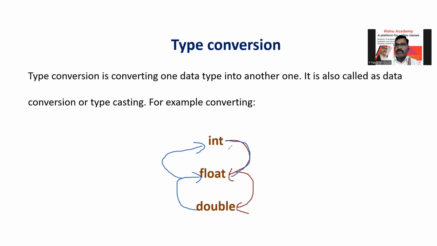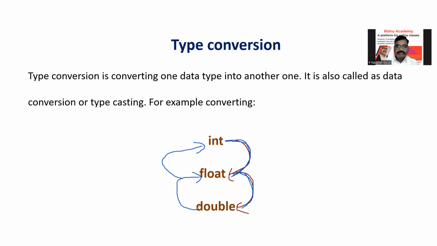Integer is the lower level variable. Integer is lower type. Float is higher type. Compared to integer, float is a higher data type. Compared to float, double is the higher data type. Float is the lower type data type. In the first case, we can convert lower type data type into higher type, that is integer into float or float into double. That is one case.